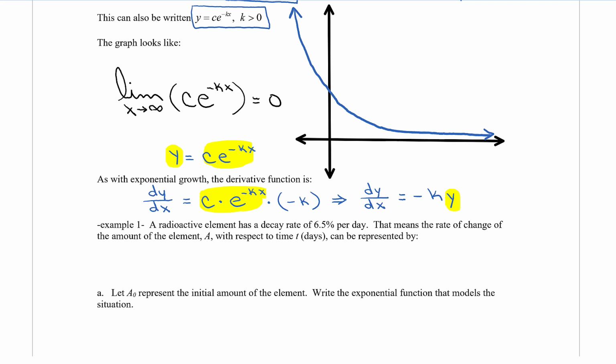Example 1. A radioactive element has a decay rate of 6.5% per day.